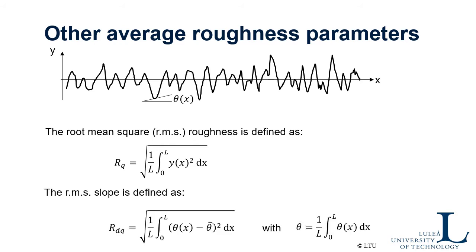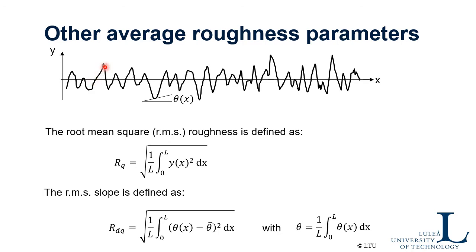Another, more attractive parameter for tribology is the RMS slope. You try to find the average slope of the asperities instead of the average height. And the average slope is very interesting because it tells you something about the contact mechanics.